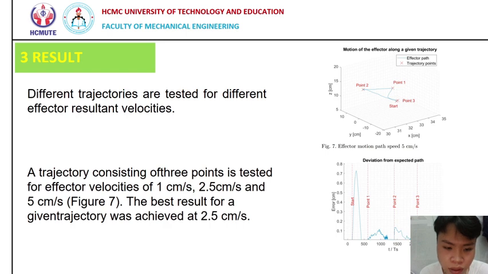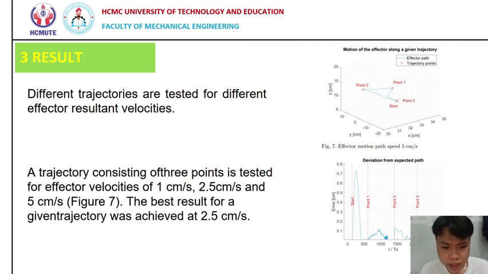Different trajectories were adjusted for different effector velocities. A trajectory consisting of 3 points was tested for effector velocities of 1 centimeter per second, 2 centimeters per second, and 5 centimeters per second.